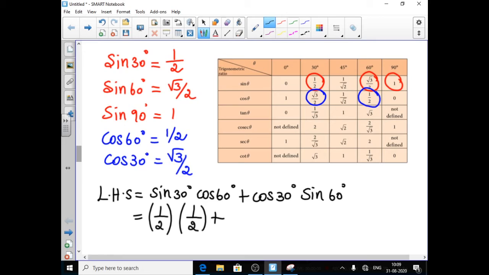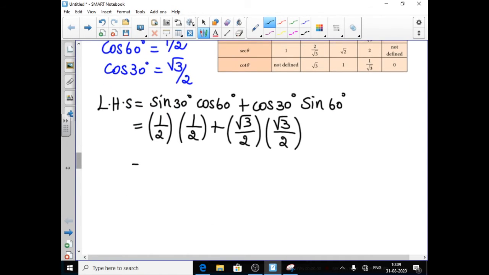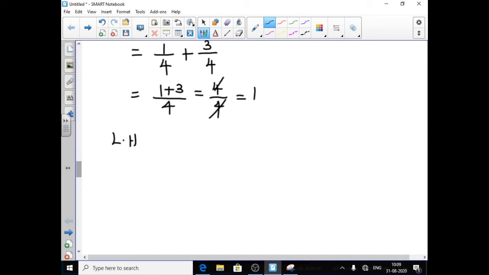Then cos 30 is root 3 by 2 and sine 60 is also root 3 by 2. So 1 by 2 into 1 by 2, 1 into 1 is 1, 2 into 2 is 4. Then root 3 into root 3 you will get 3, and 2 into 2 you will get 4. So the denominators are same, so we can add the numerators: 1 plus 3 is 4, divided by 4, cancelled, is equal to 1. Therefore LHS value is 1.